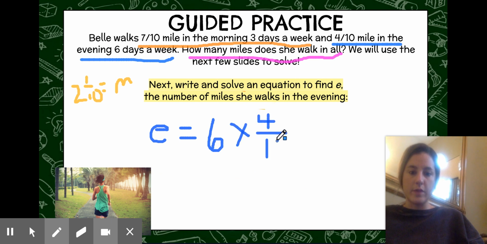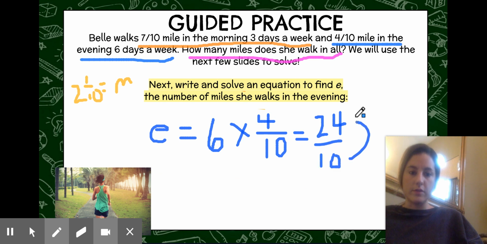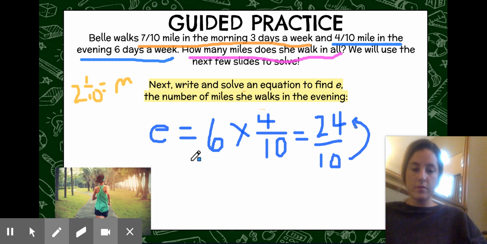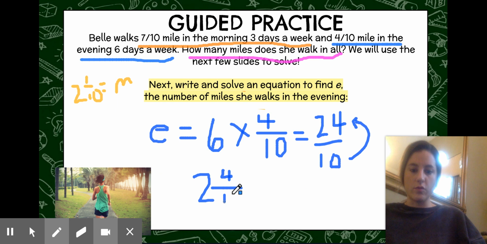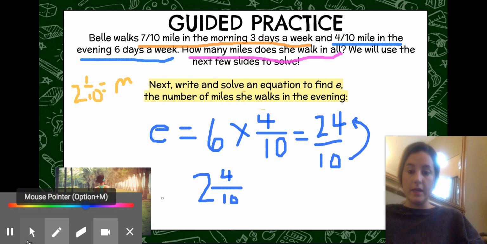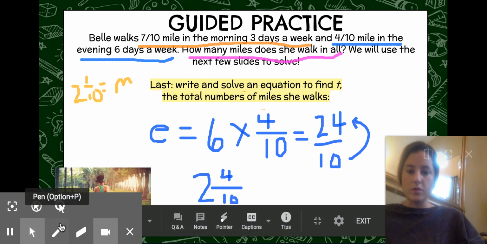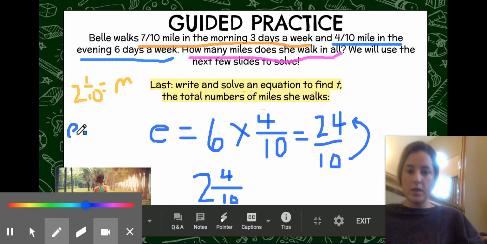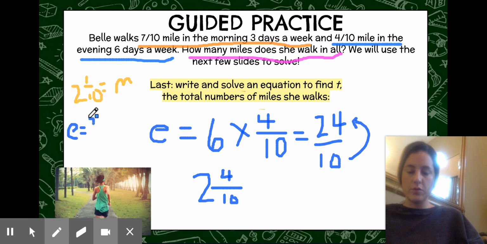And I got that information right here, 4/10 of a mile, 6 days a week in the evening. 6 times 4 is 24 over 10. 10 goes into 24, 10, 20. So 2 times with 4/10 left over. So that is E. So quickly, E equals 2 and 4/10.